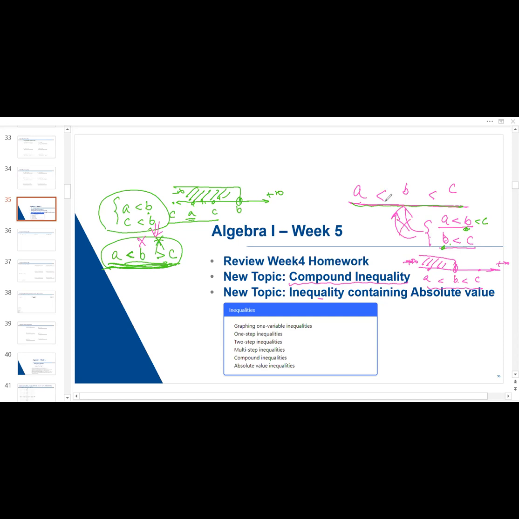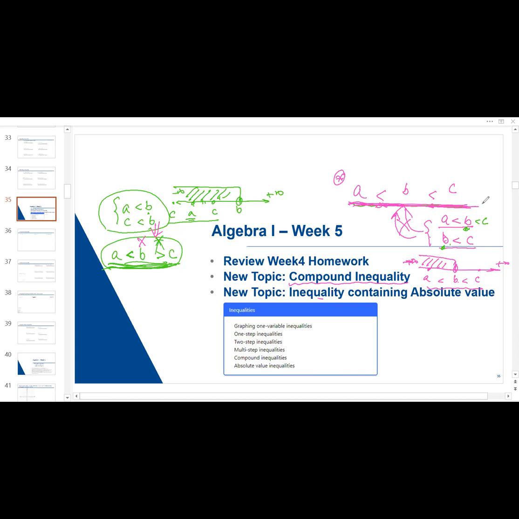They can be written continuously if their inequality signs point in the same direction. This is the first thing: when you combine two inequalities into one expression, make sure they are in the same direction, the same sequence. That's very critical.